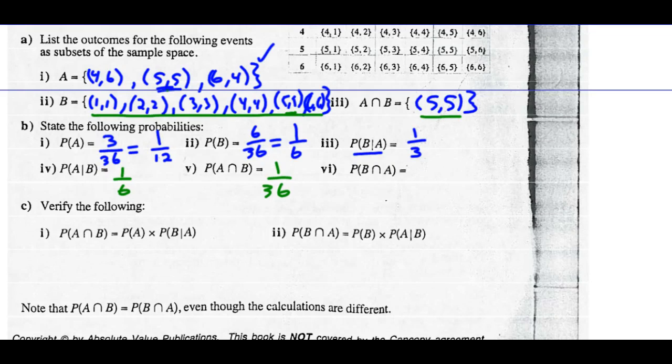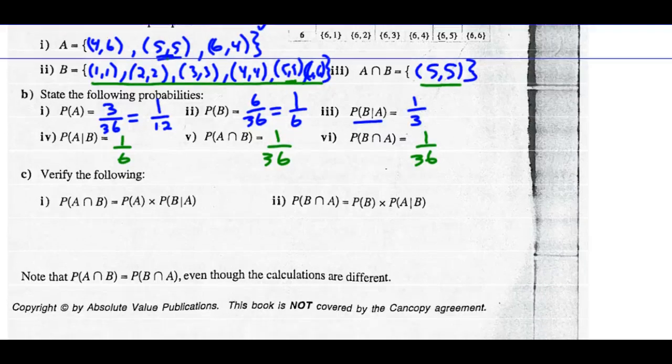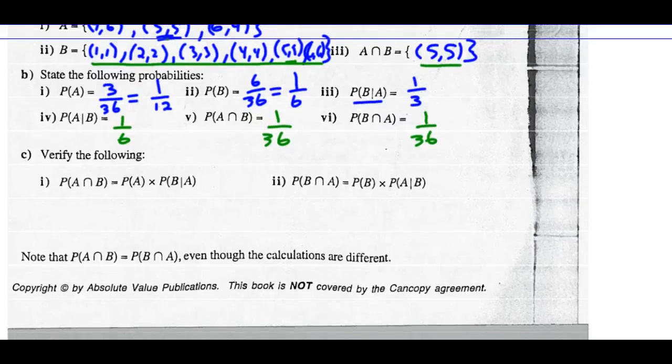Part 6, what's the probability of B and A? Well, it's the same thing, 1 out of 36. All right. Verify the following then. Part C. Probability of A and B is probability of A times the probability of B given A has occurred.